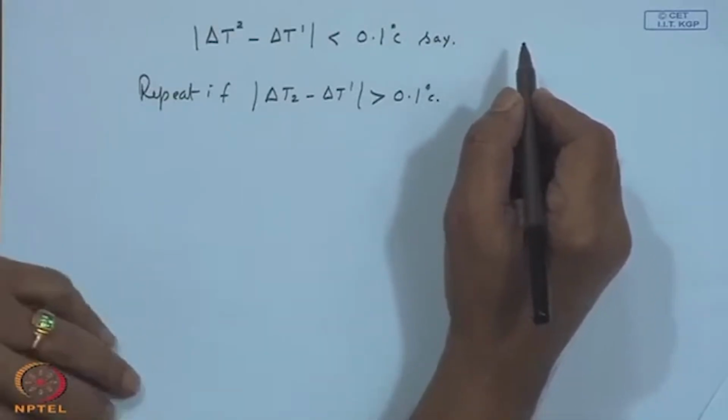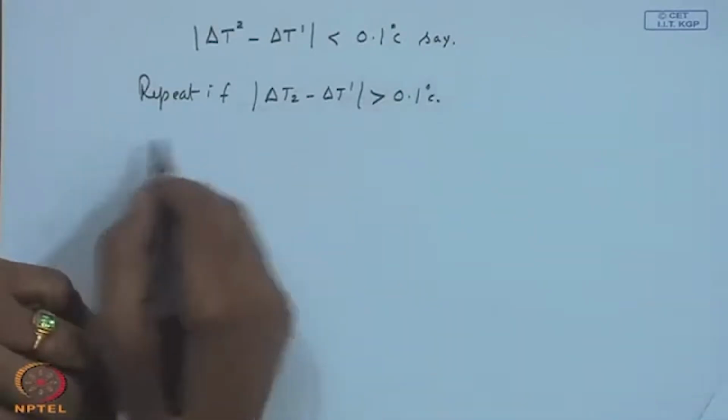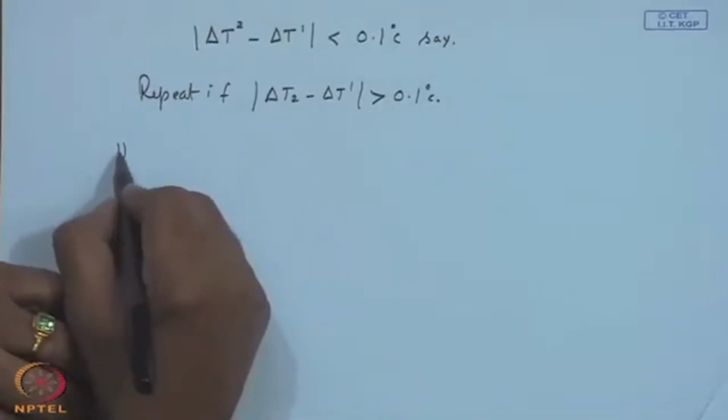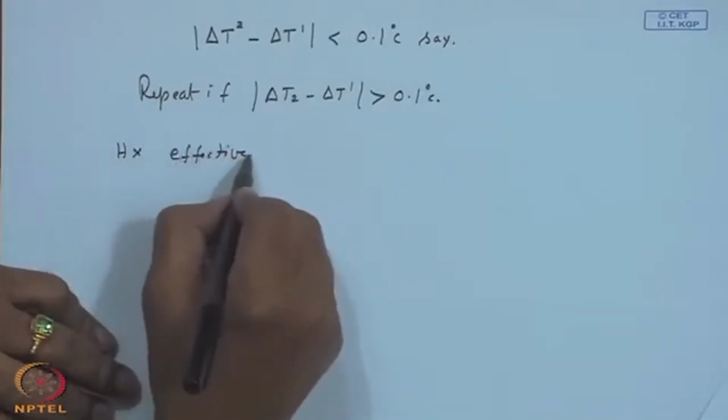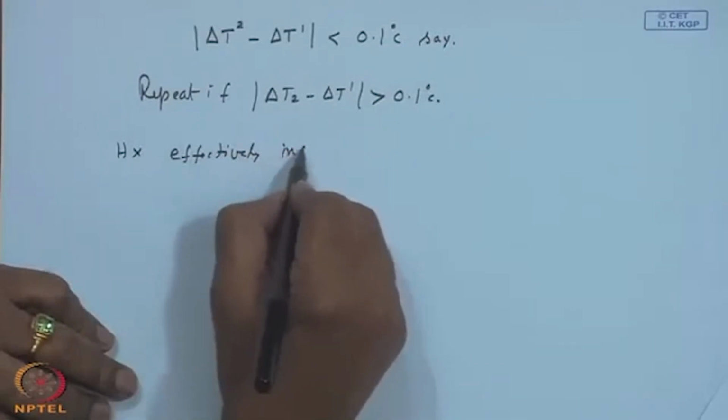Okay. So, in a nutshell, once again the heat exchanger effectively increases T minimum.